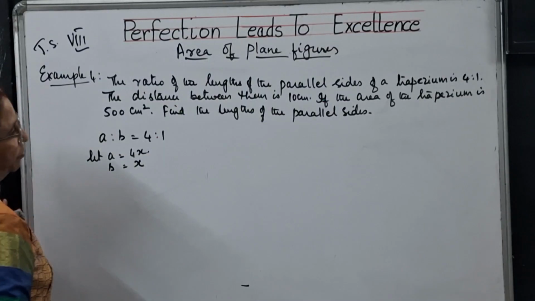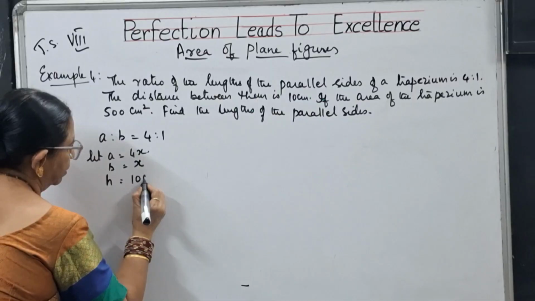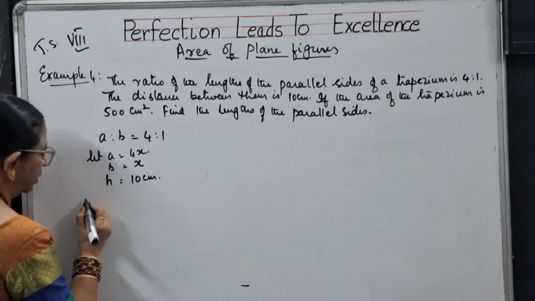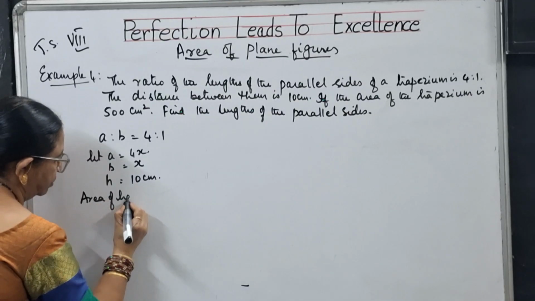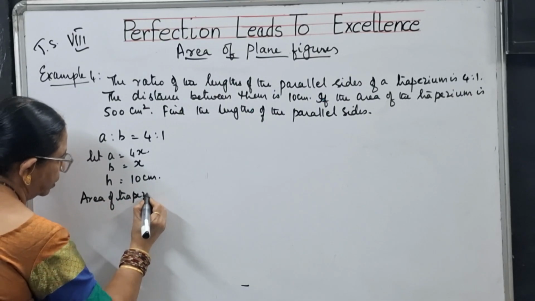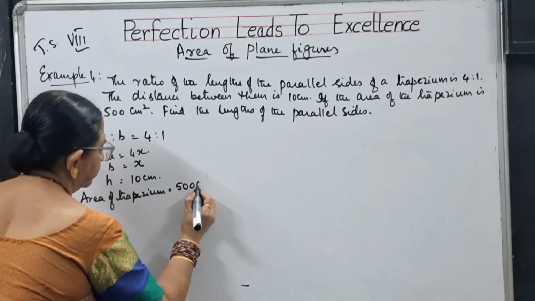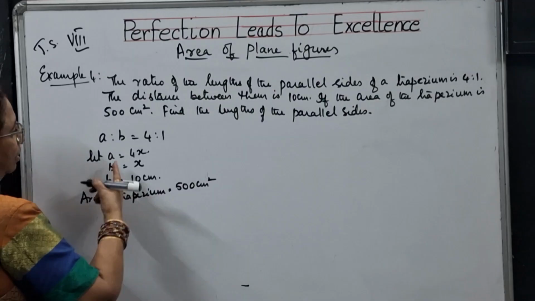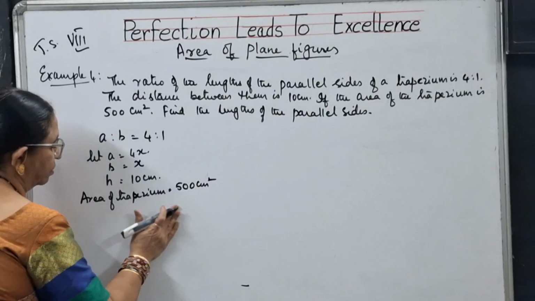And the distance between them is 10 centimeters, which means the height is given as 10 centimeters. The area of the trapezium is given as 500 square centimeters. Now, the lengths of the parallel sides are what they are asking.